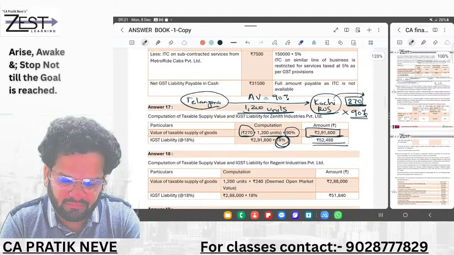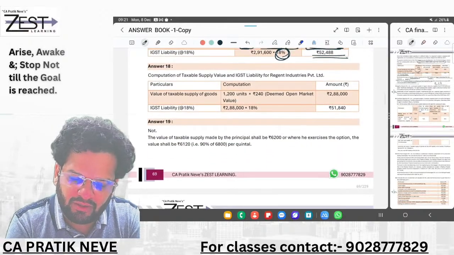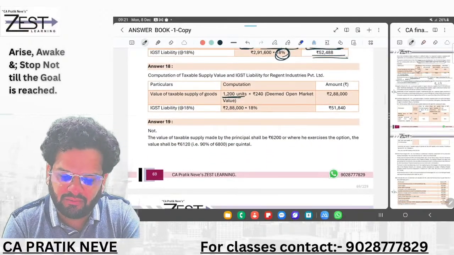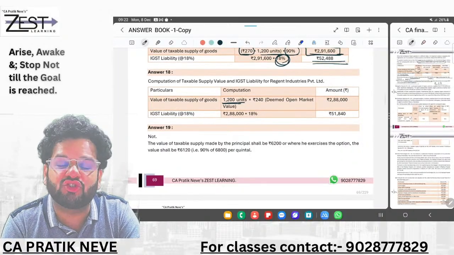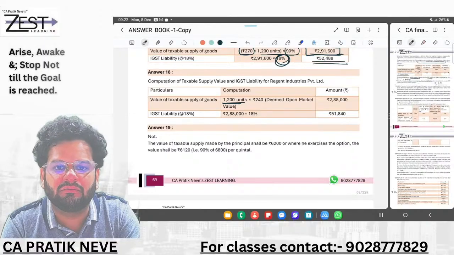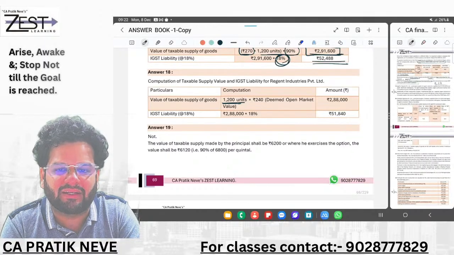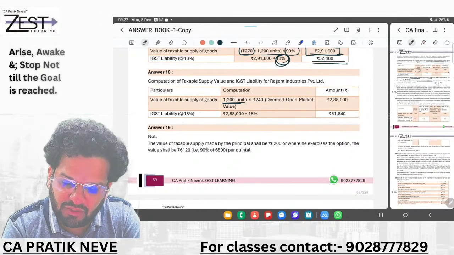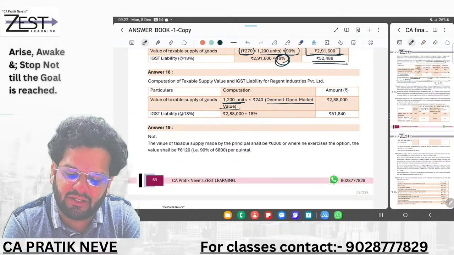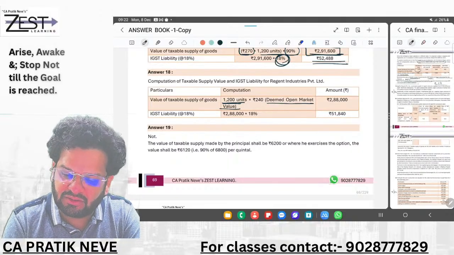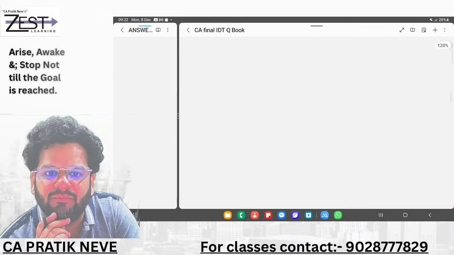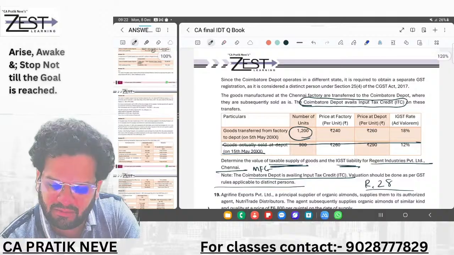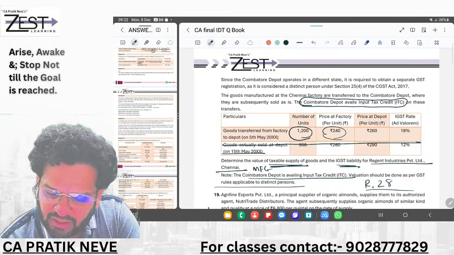Now see, 1200 units valuation we are doing, and at what price the goods are being sold actually from that factory, that itself will be deemed to be open market value. The transaction value itself will be open market value, and that itself will be taken as assessable value, that is this 240.